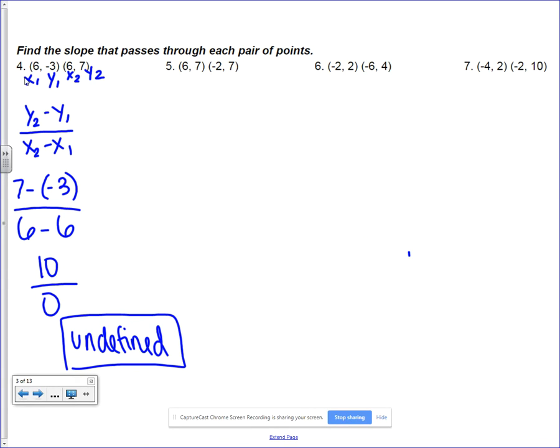Label your points, please. x1, y1, x2, y2. Write your formula down. Yes, you need to write it down. Let's plug in our numbers. What is the y2? Minus y1 over x2.